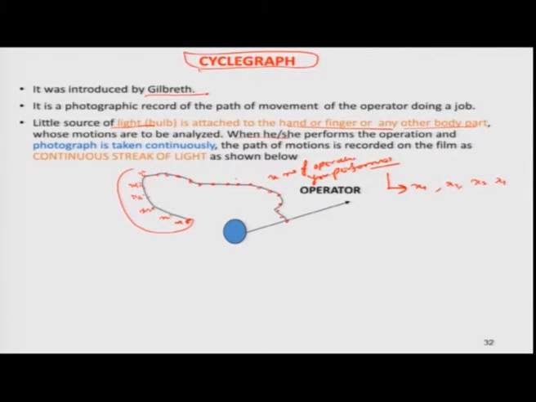Then suppose from x1 to x2 whatever you have done, if you are making a SIMO chart, then you will use therblig symbols, as well as the time required from this point to this point. Okay. So you can analyze everything after recording this cycle. So this is known as a cyclograph, and this is a very useful method in motion study.